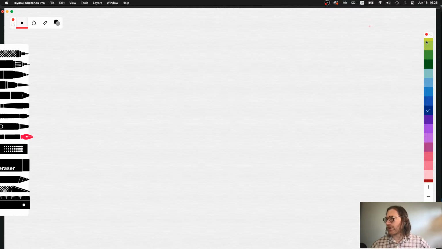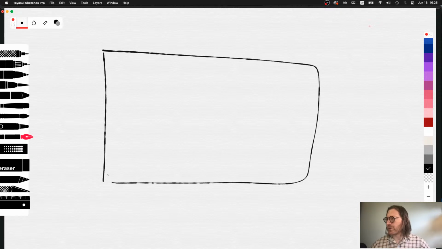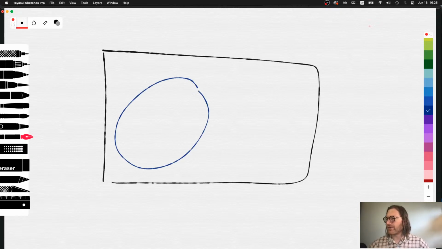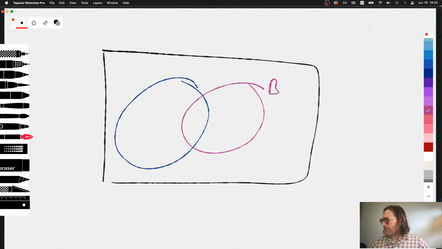So maybe starting from scratch here. This might be a little bit redundant from what you've seen, but let's say we have A and we have B, right? So that's B, and that's A, and this is some intersection that we see here, right?